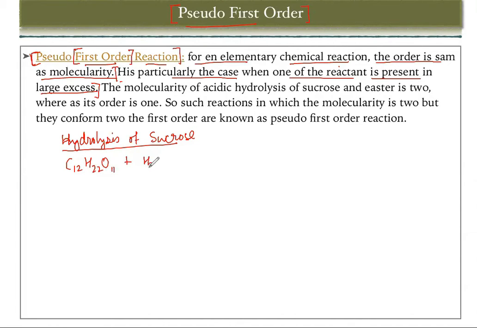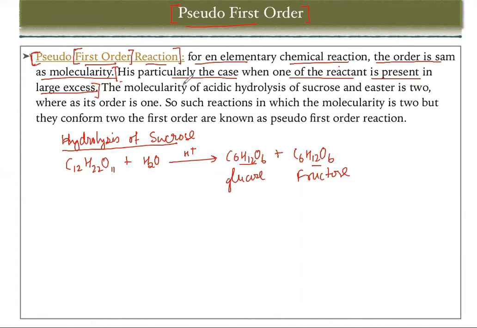So putting water, the products are C6H12O6, and this is glucose, and fructose, C6H12O6. In both cases, the molecular formulas are the same, but the structures are different.